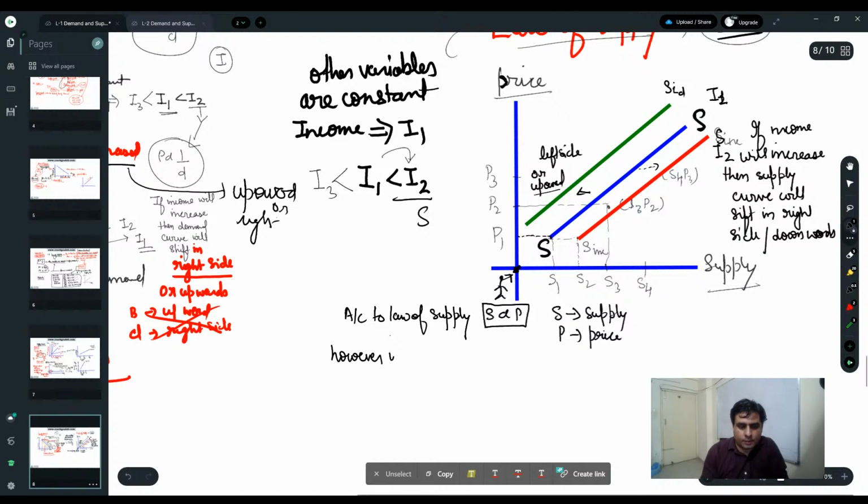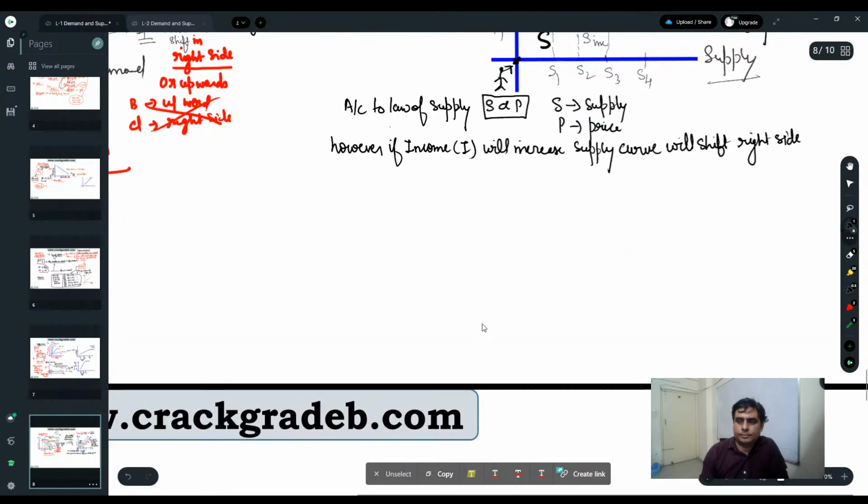However, if income will increase, the supply curve will shift to the right side or upwards, right?